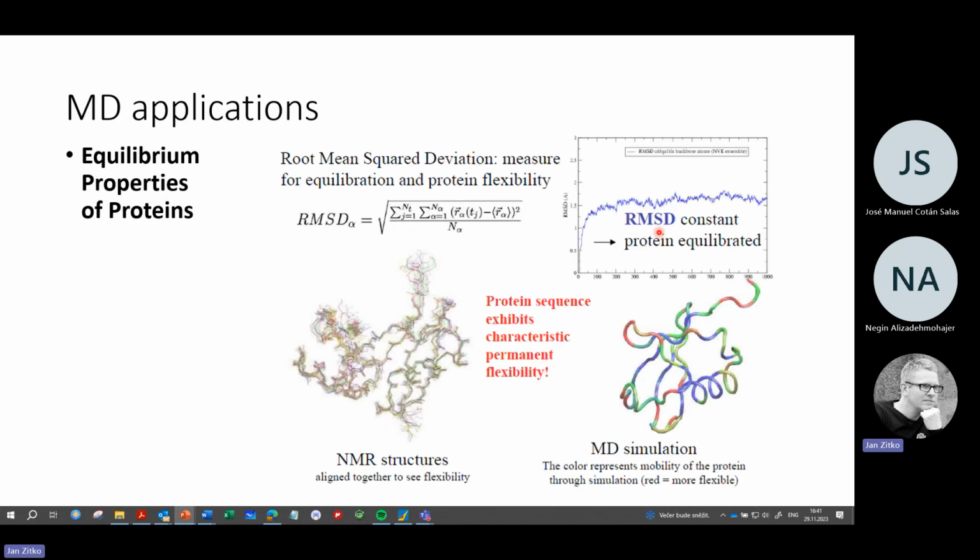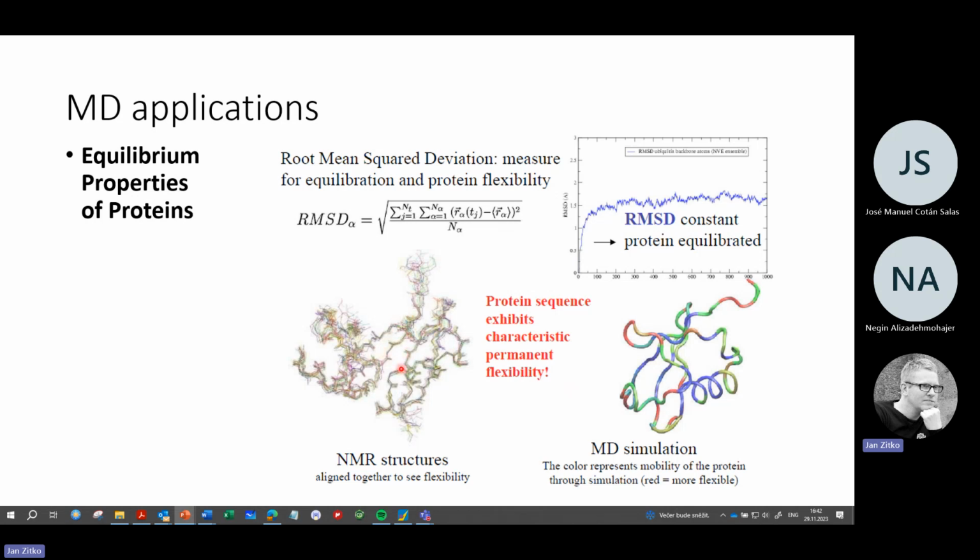Okay, so let's say you would like to know something about your protein. It's another application of molecular dynamics. You have your protein, your 3D structure, and you would like to know which parts of the protein are flexible and which are not.